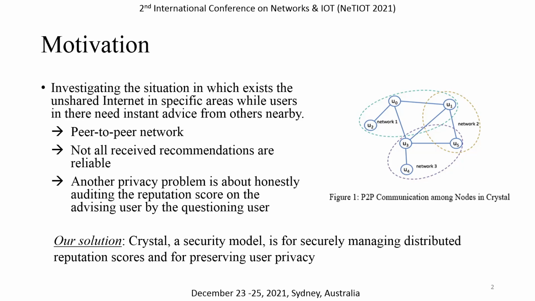However, not all of the recommendations are reliable. So we need to have a method to decide whether we should believe the recommendation or not. And some other privacy problems emerge in this situation.